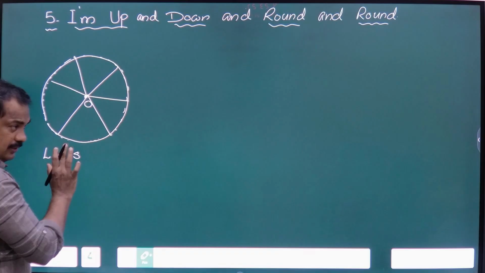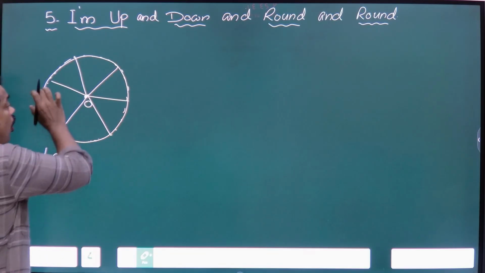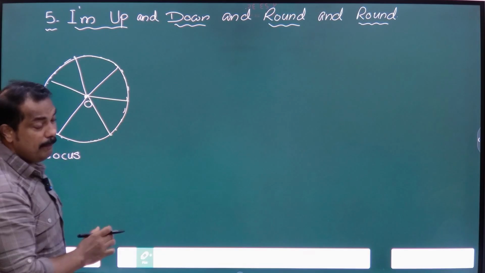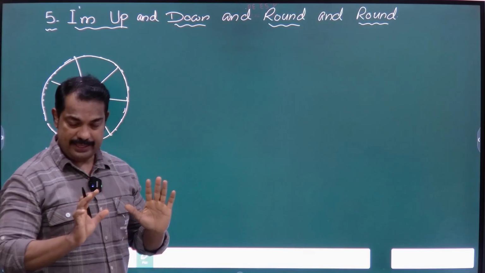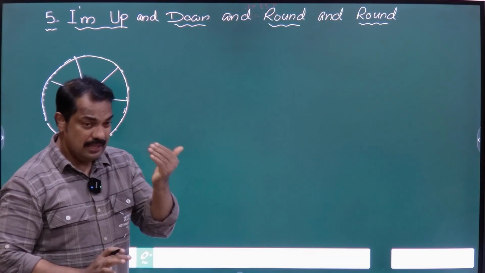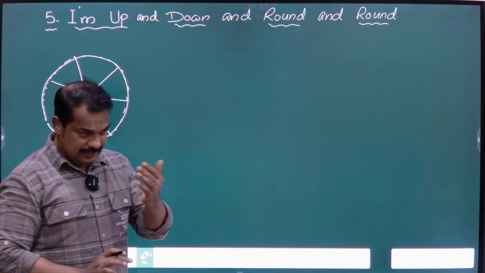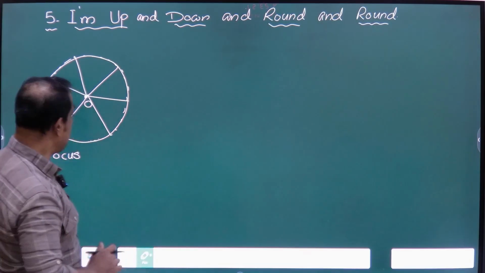Definition of circle clear? Set of points on the plane that are equidistant. What is equidistant? Equal distance from a given point. What is the given point here?